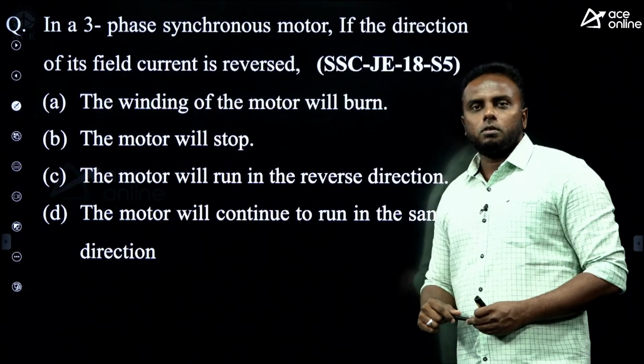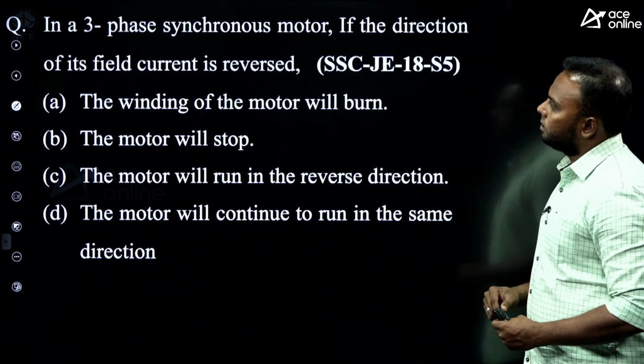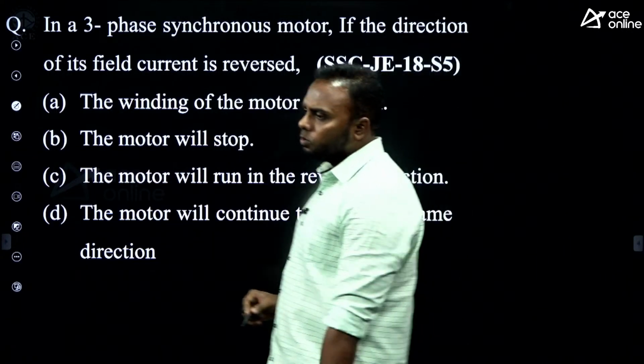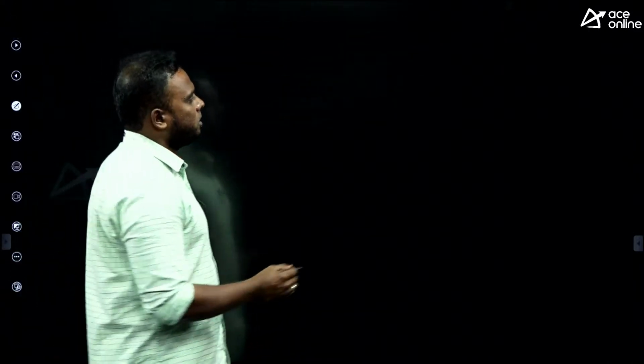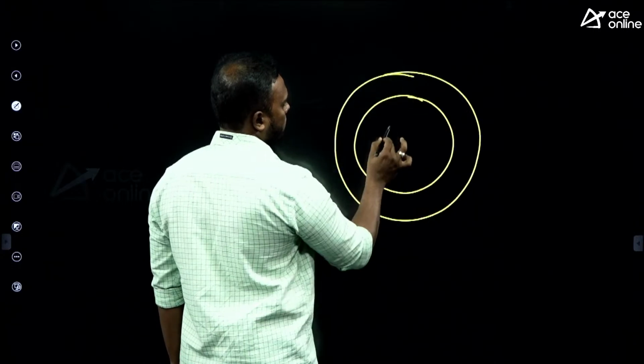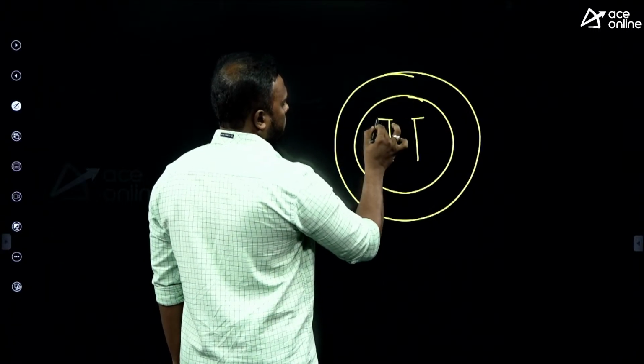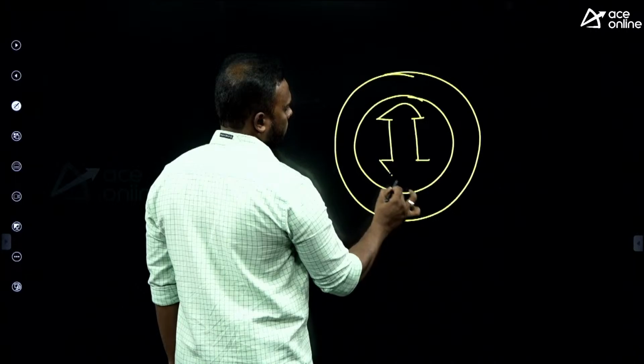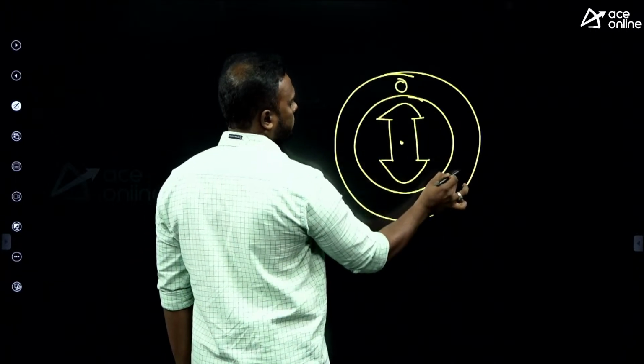In a synchronous motor, the direction of field current is reversed. How to reverse the field current direction? First, suppose this is a salient pole synchronous motor.